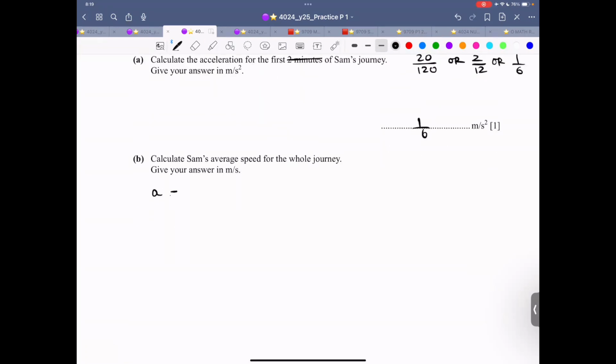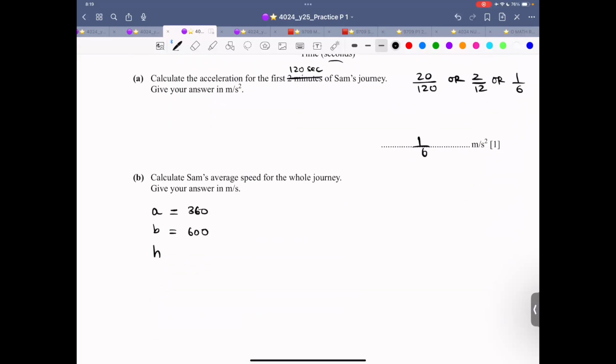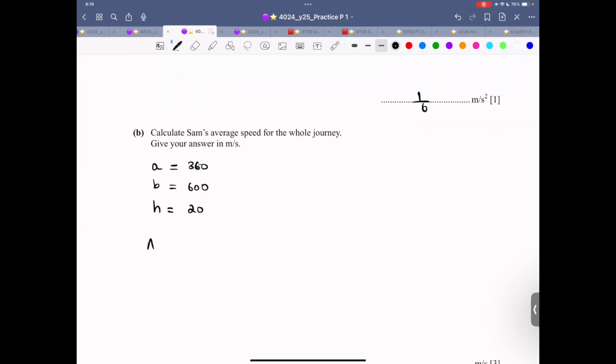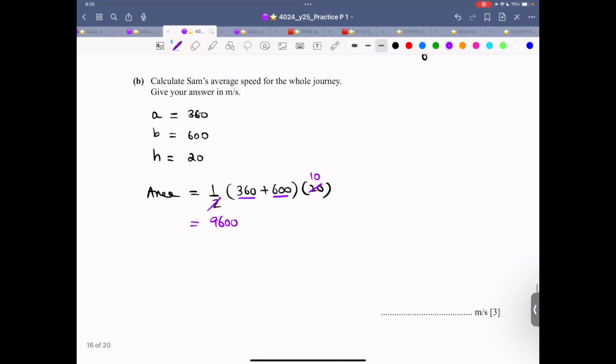So one of the side A is 480 minus 120, that is 360. And the other parallel side is 600. And the height is this 20. And the area of trapezium is half sum of parallel sides, 360 plus 600 into 20. Use the easy working. Cancel the 2 and this thing, that is 10. 360 plus 600, 960, that is 9600. And the total time is 600.